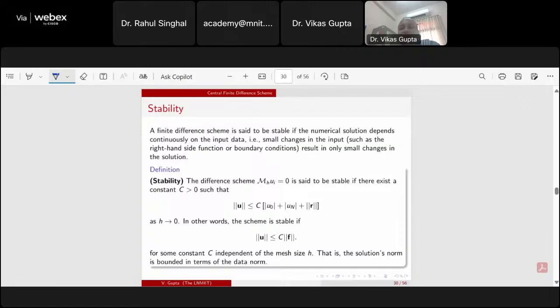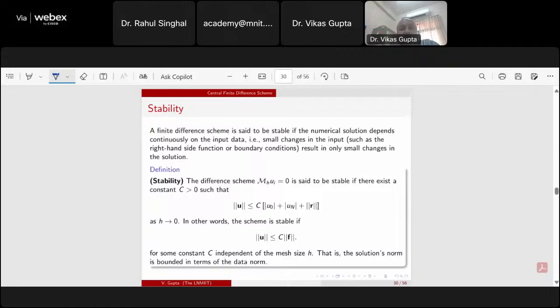Now, a finite difference scheme is said to be stable if the numerical solution depends continuously on the input data. What are the input data? Input data may be the right hand side function, may be the boundary condition.